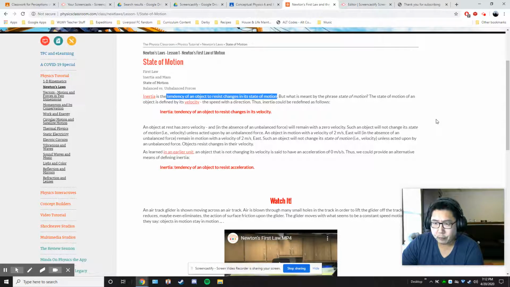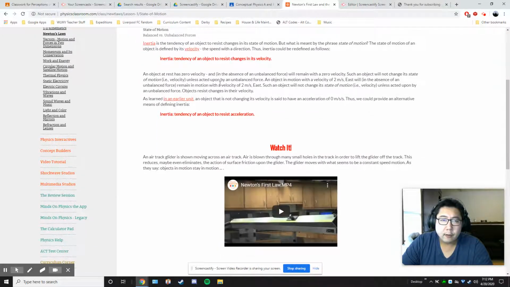So when it comes to describing said object, we typically describe its state of motion in terms of velocity, which is speed with direction. For an object at rest, its velocity is zero, and when it's in motion, its velocity will be x or whatever it is.